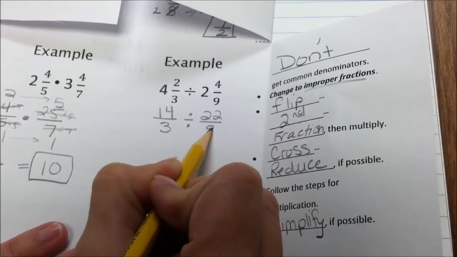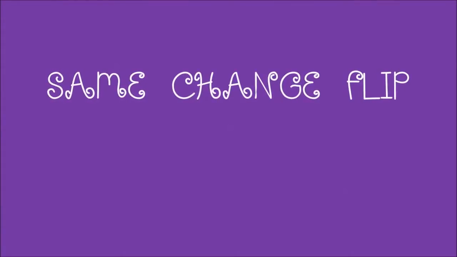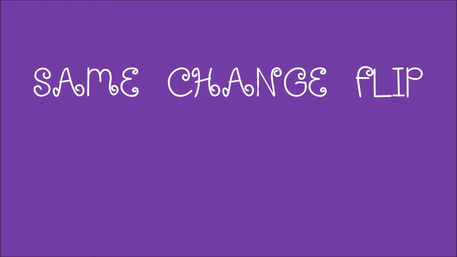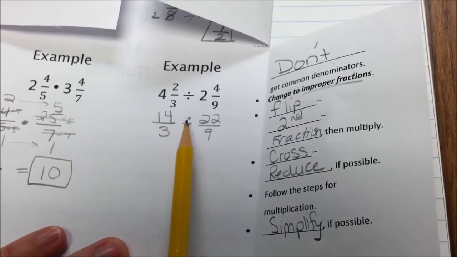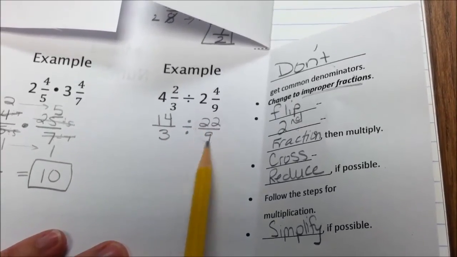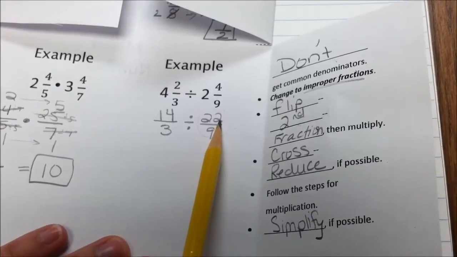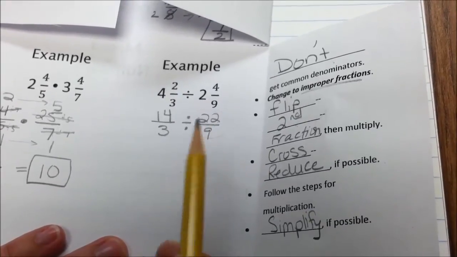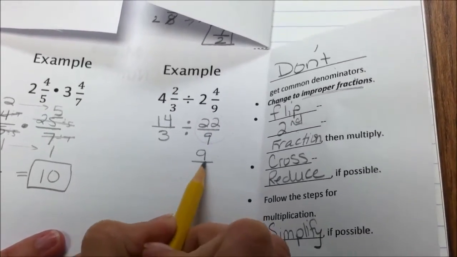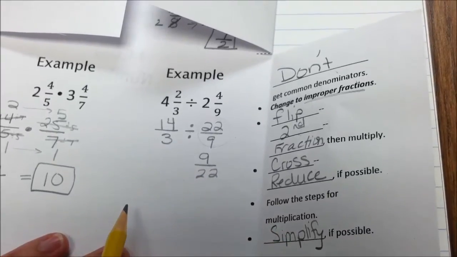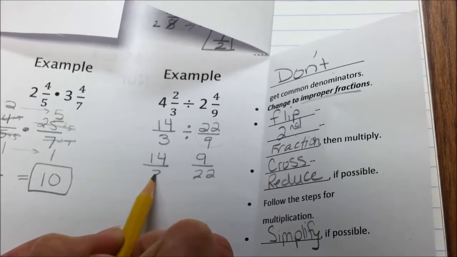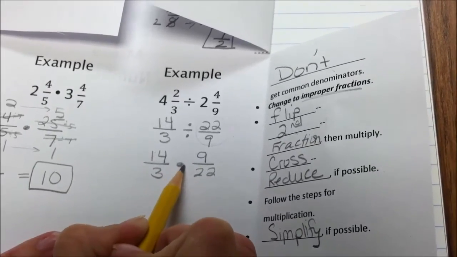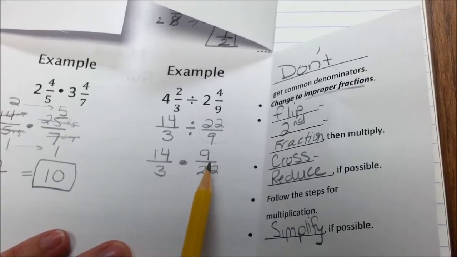Keep your denominator of 9. Since we're dividing, we have to flip our second fraction. So that means 22/9 is going to flip to its reciprocal, and it is going to become 9/22. And instead of divide, we are going to multiply, because you multiply by the reciprocal.